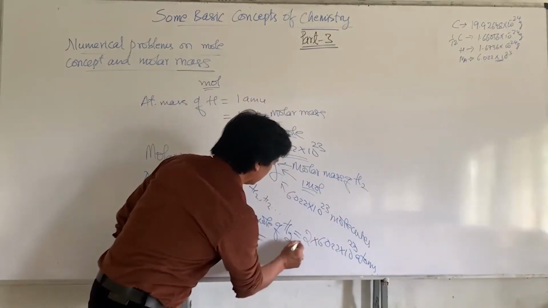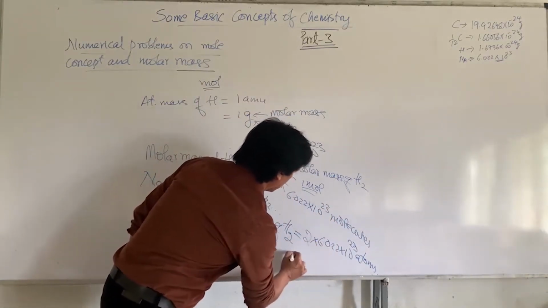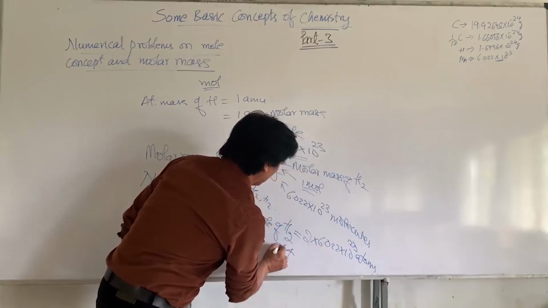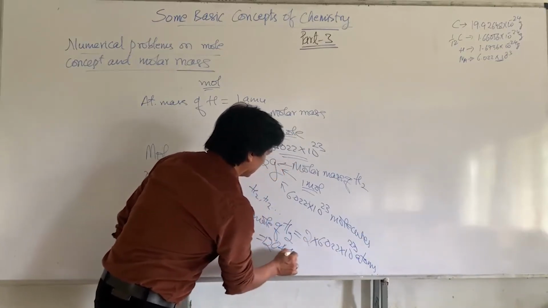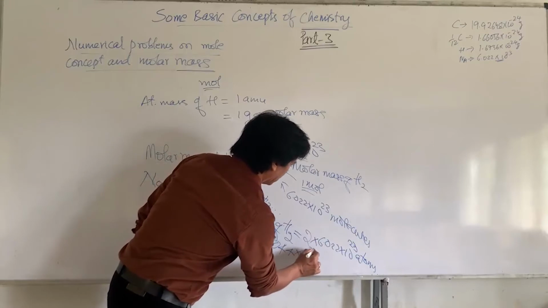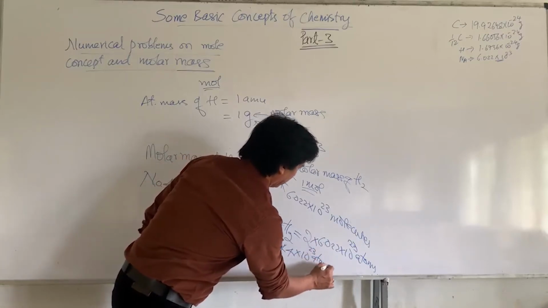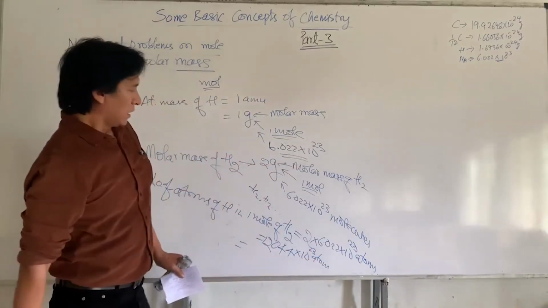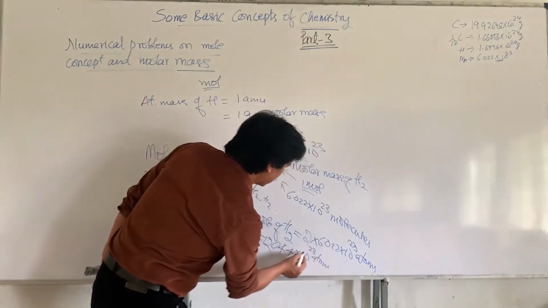So this is equal to, if you multiply 2 times 6.022, 2 2 4, 0, 2 6 12, into 10 raised to the power 23 atoms. If I'm not wrong, I hope this is right. And then you have a decimal point coming 3 digits from the back side.